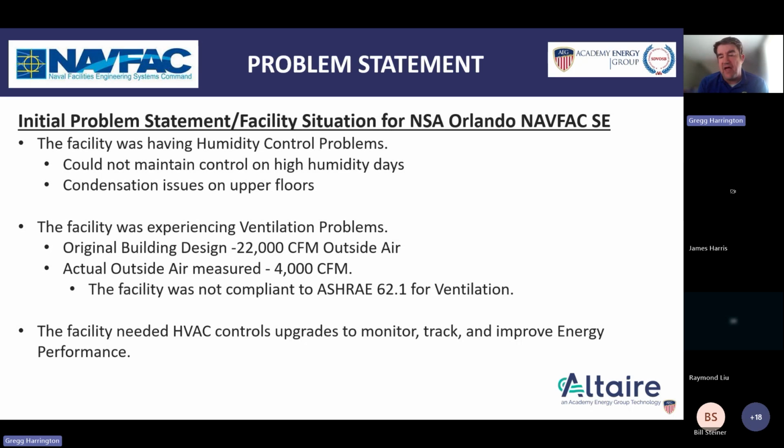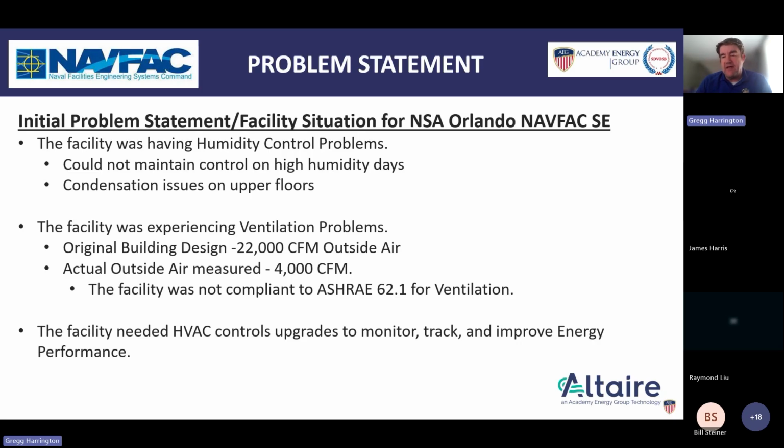When we went out to site to do the site survey to better understand what was going on with their air handlers, we actually measured it closer to 4,000 CFM, which was grossly underestimated. Part of their problem was that because they couldn't control the humidity, the building operators made decisions such as, we're going to close our outside air dampers because we can't deal with the humidity.